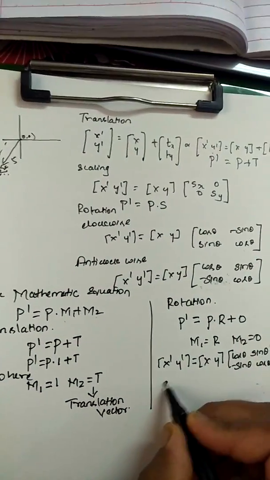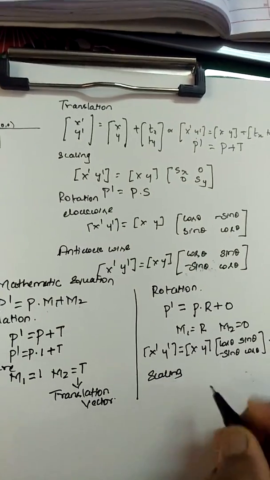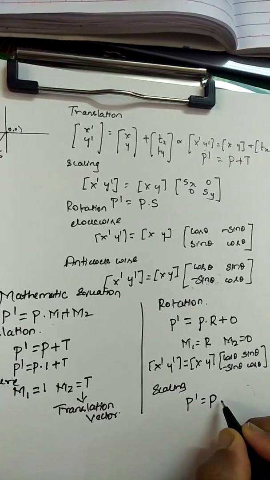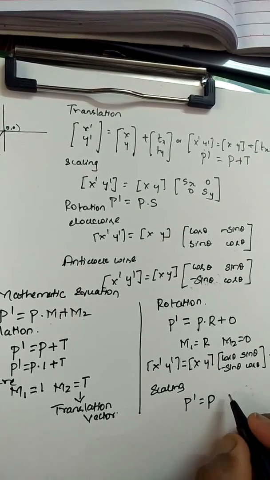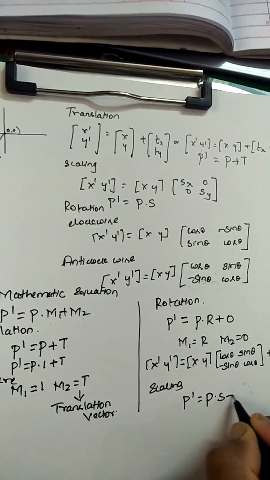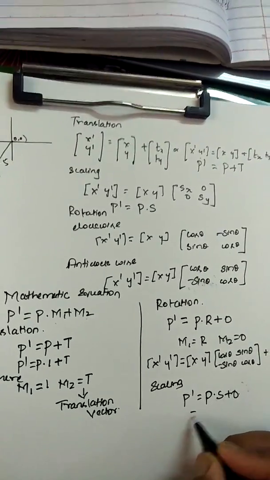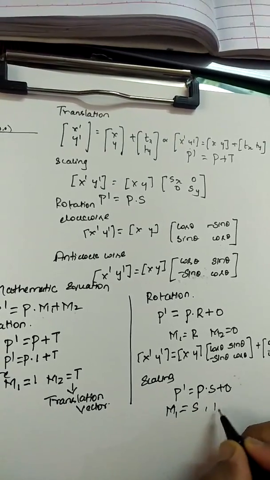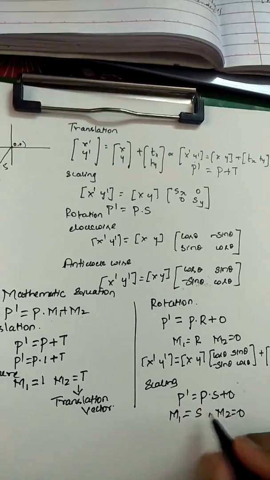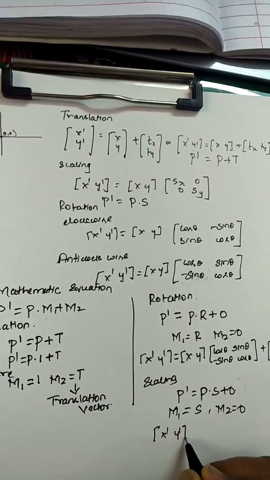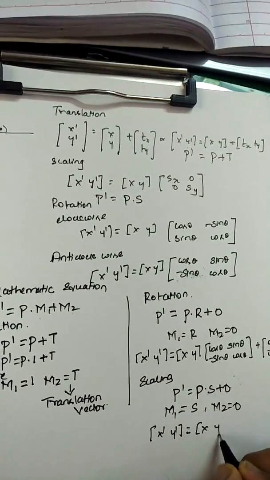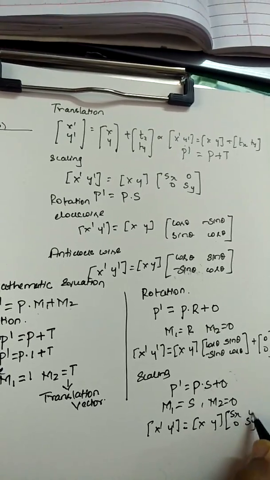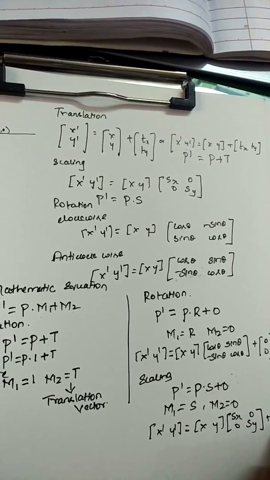Fine. Consider the scaling now. Scaling p dash is p dot s plus 0, which means m1 here is s, m2 is 0, meaning new x dash y dash will be the existing x and y coordinates with scaling parameters plus 0 0.